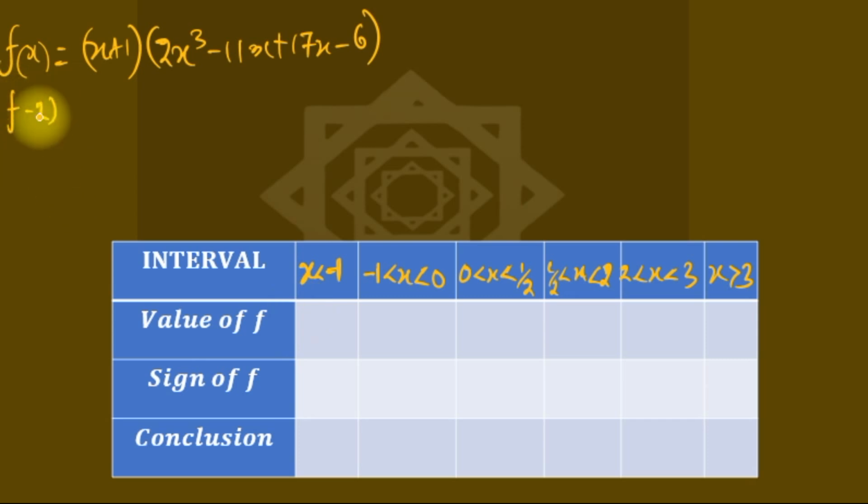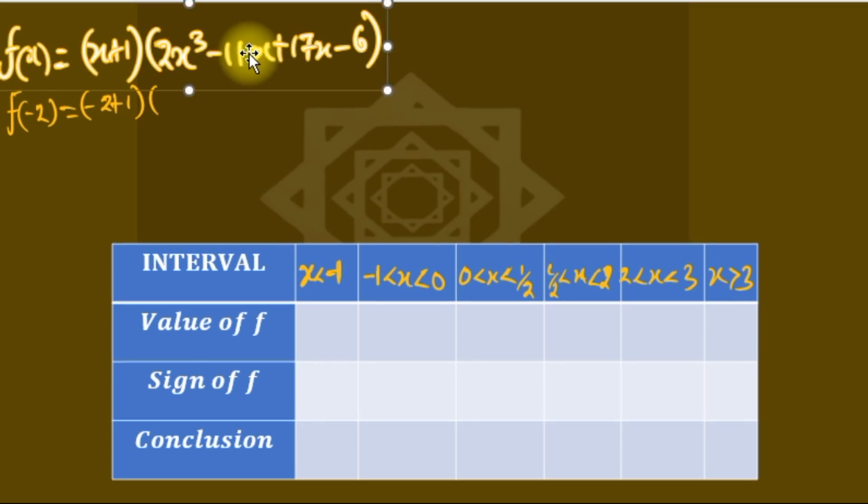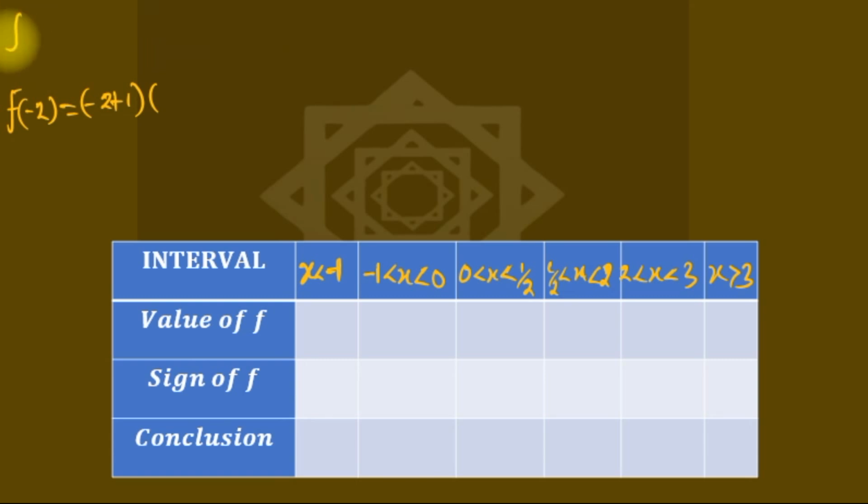We need to use the factored form, the one that is already factored completely. We have x plus 1, x minus 2, 2x minus 1, and x minus 3.